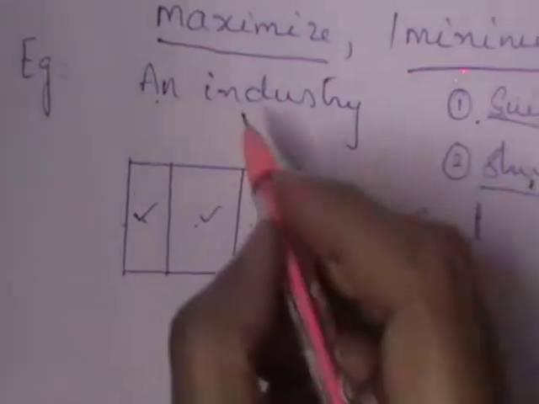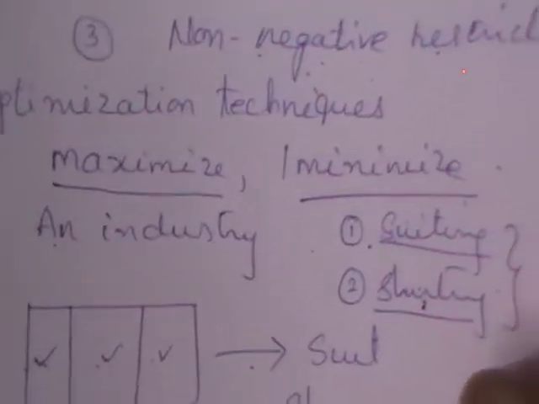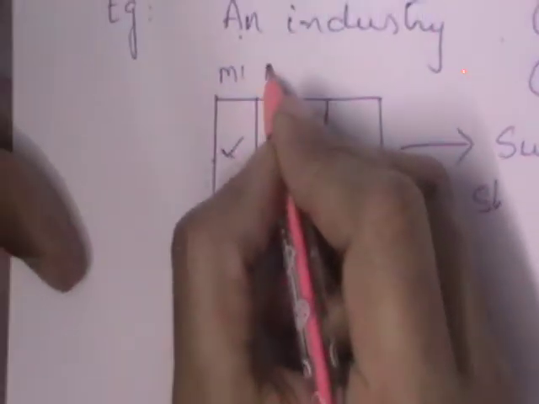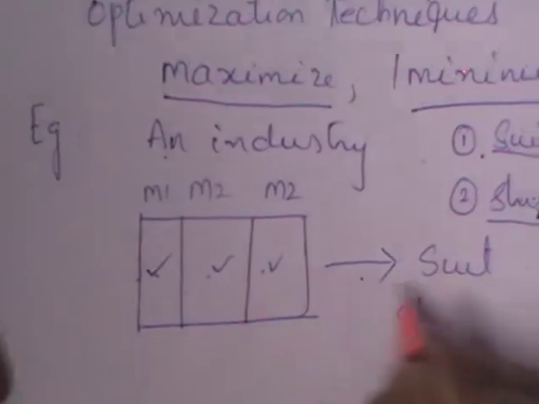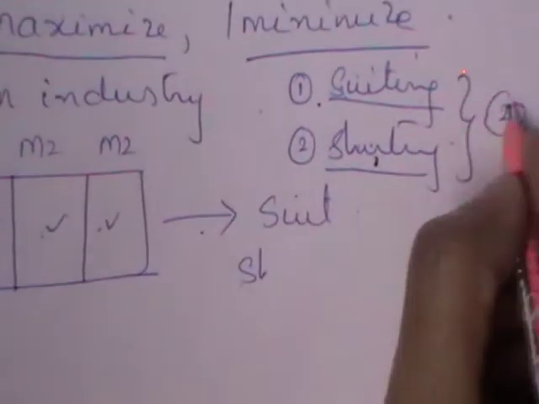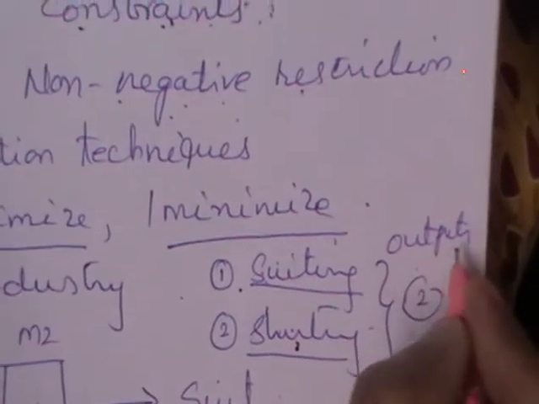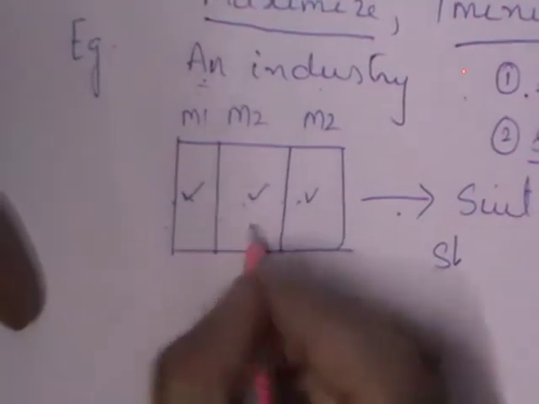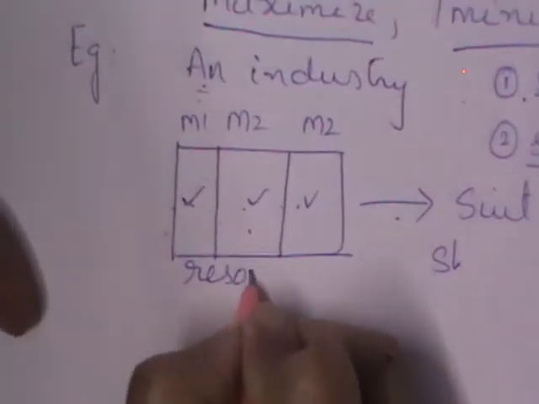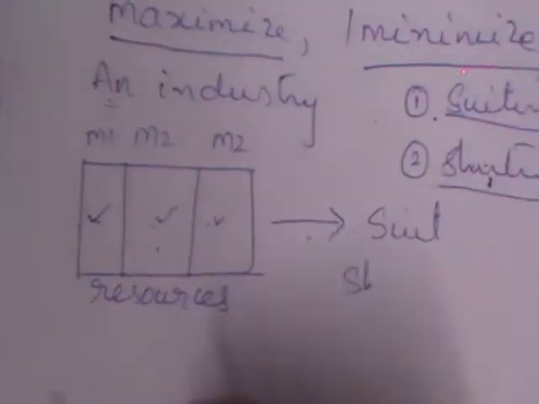So we say that the products of this industry are 2, and the available resources are the 3 machines available for producing the corresponding output. These are the outputs of the given situation, and these are the available resources we have to produce these outputs.